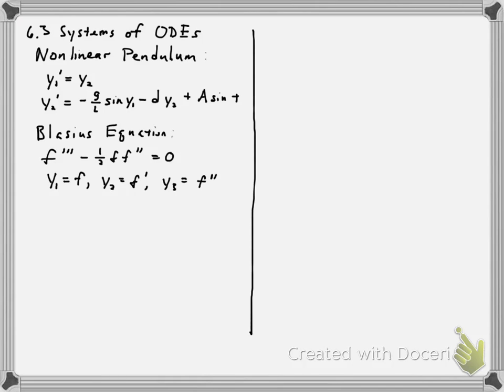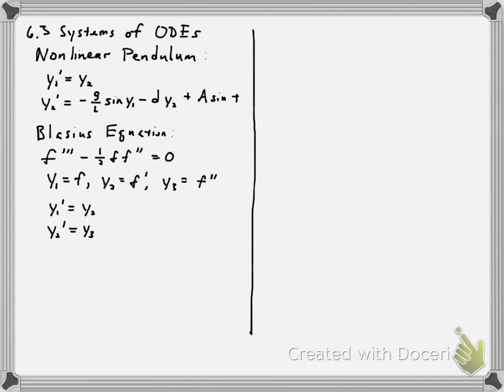And so by doing this, we have that y1 prime is f prime, which is y2. Basically, we want our right-hand side to be functions of y1, y2, and y3. Okay? And y2 prime is f double prime, which is y3.